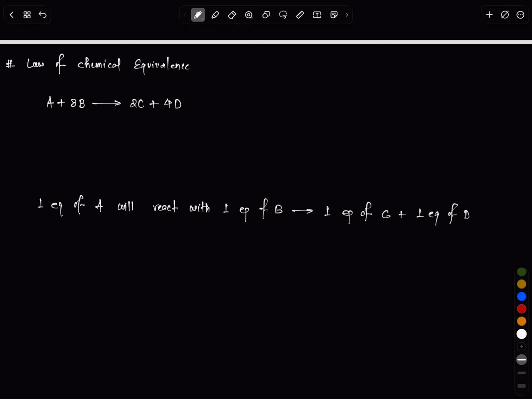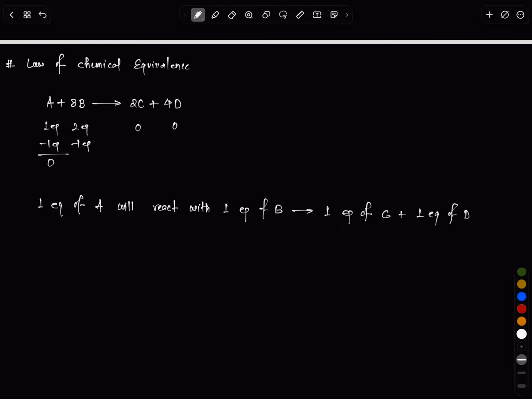When you're using the equivalent concept to solve a particular question, you don't need to write a balanced chemical equation. To understand this, suppose we have one equivalent of A and two equivalent of B, and there's no C and D in the container, so the reaction is just starting. What will happen? One equivalent of A will react with one equivalent of B, irrespective of their stoichiometric coefficient.